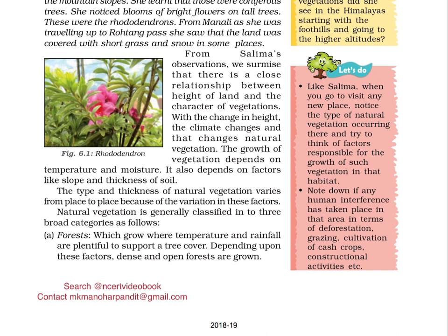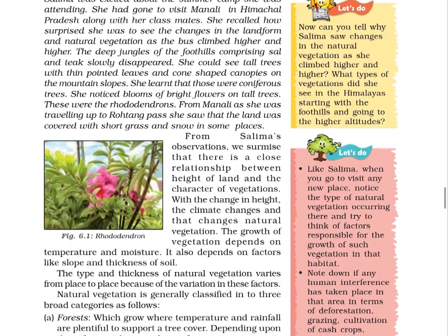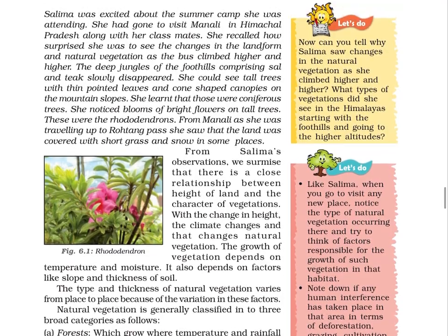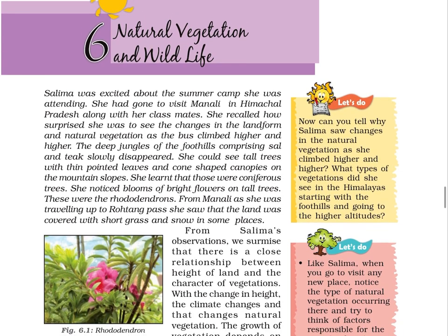What types of vegetations did she see in the Himalayas, starting with the foothills and going to the higher altitudes? Let's do. Like Salima, when you go to visit any new place, notice the type of natural vegetation occurring there and try to think of factors responsible for the growth of such vegetation in that habitat.